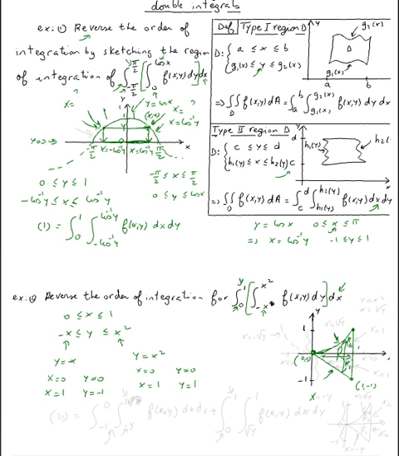So if I solve for x, y equal negative x, x will be negative y. So that's this one. What about this one? This is y equal x squared.